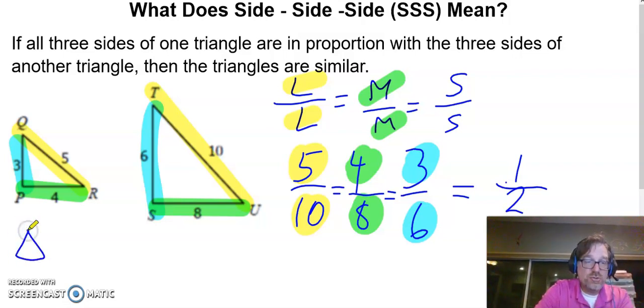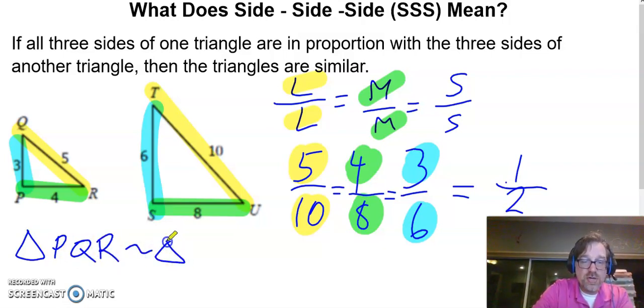So I know triangle PQR is similar to triangle. It's important that the second one match the order. So I did PQR. Well, P is between green and blue.